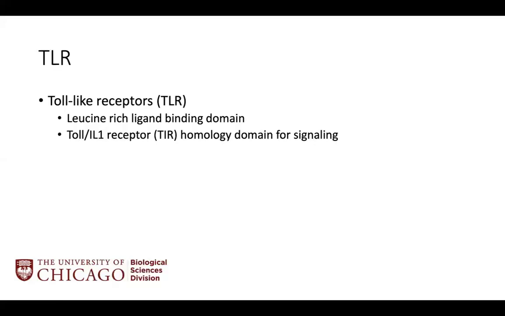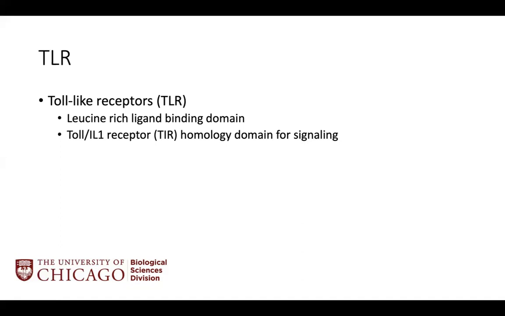So TLR stands for toll-like receptors. They are made of a binding domain that is rich in leucine. It's just the way we characterize some domains. So basic scientists usually can just understand the characteristics of it because it's redundant through many different receptors.